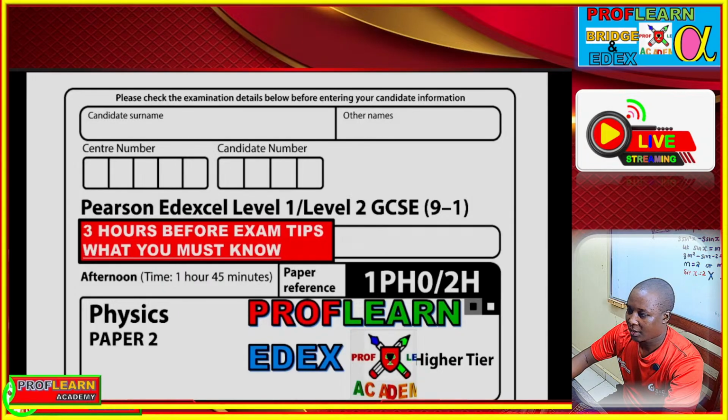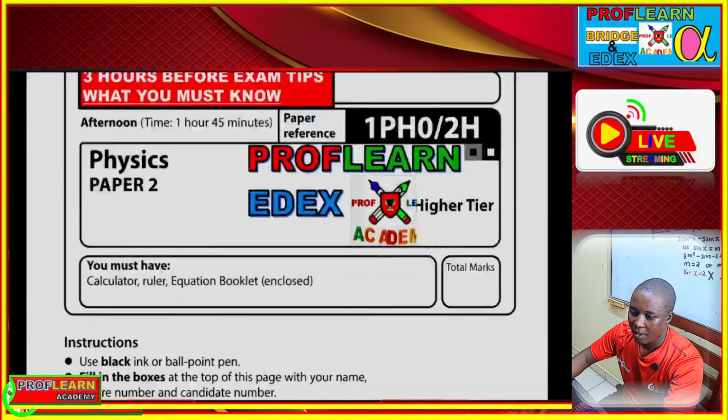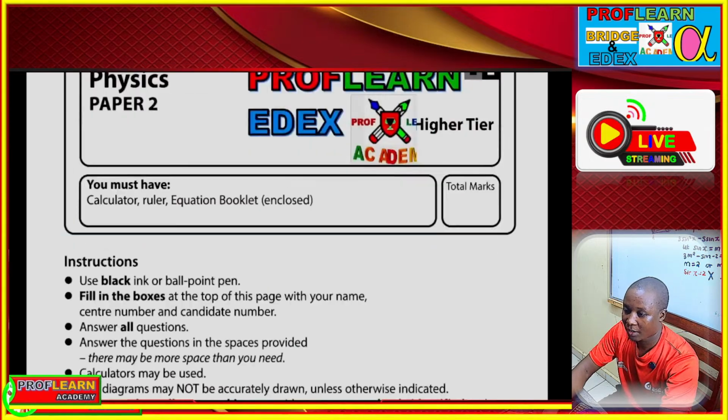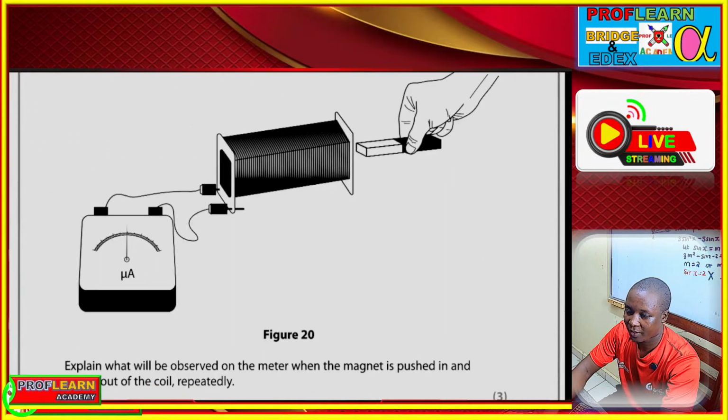Let's get started from the first part. I was looking at this question, and this paper has 100 marks. GCSE Paper 2H is tested on 100 marks, and it is 1 hour 45 minutes.